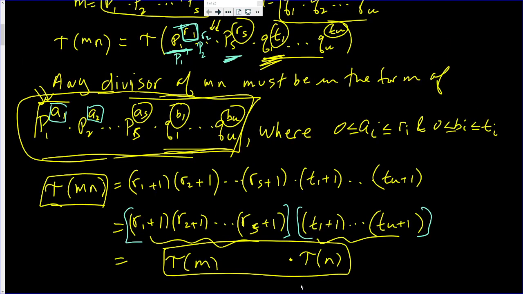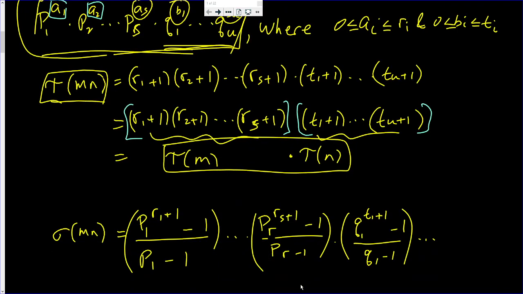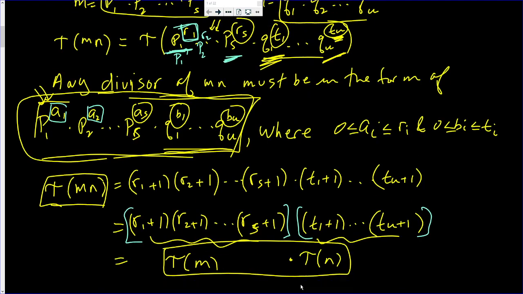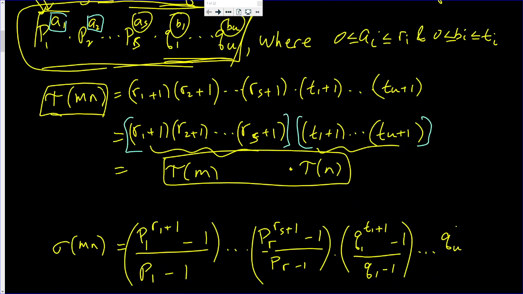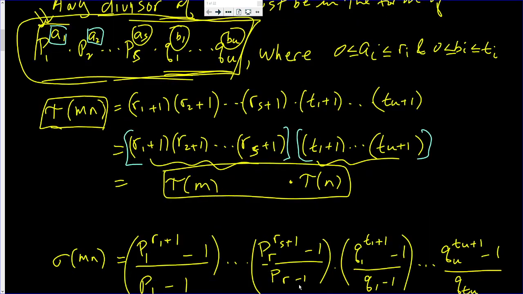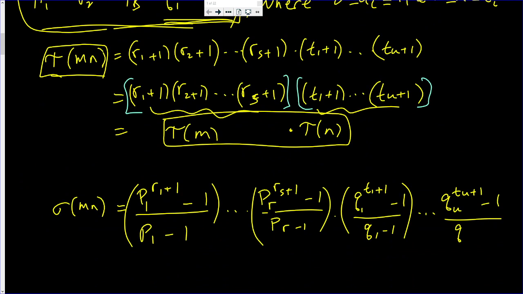All the way down to q sub u to the t sub u. This is going to be q sub u raised to the t sub u plus 1 minus 1 all over q sub u minus 1.